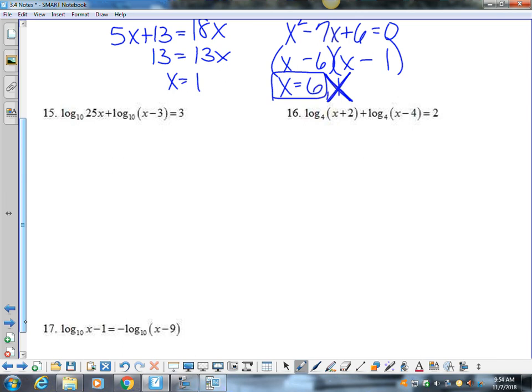15 and 16 are different because they don't all have logs. It's not log, log, log. It's log, log, no log. Suggestions? The logs are on the same side. If we keep them together, can I use my condense rules?